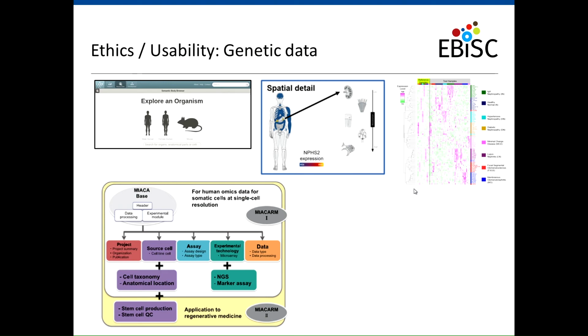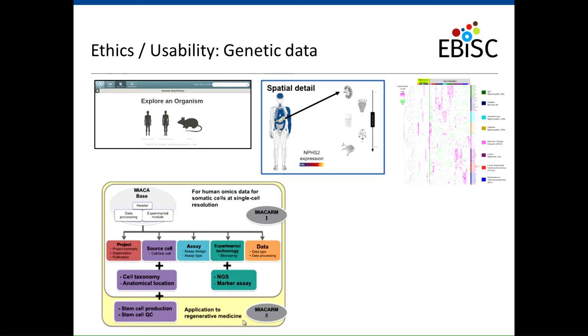To structure that, there is an effort to standardize it. There are also ongoing efforts, and I just want to mention one, which is MIACA, the minimal information about cellular assays for regenerative medicine. This considers data on projects, on the source cell, on assays being used, on experimental technology being used to characterize cells, on the data themselves, and then of course on the cell production and stem cell QC.